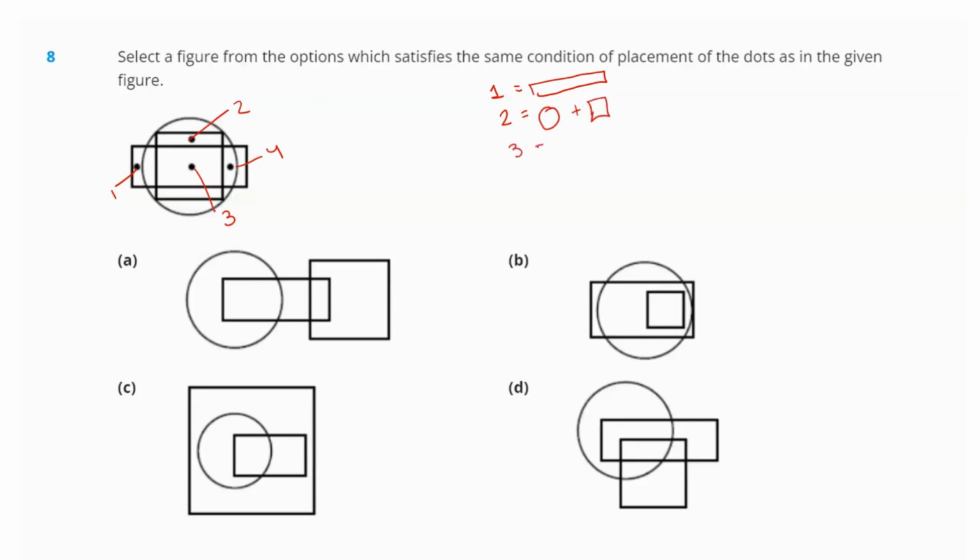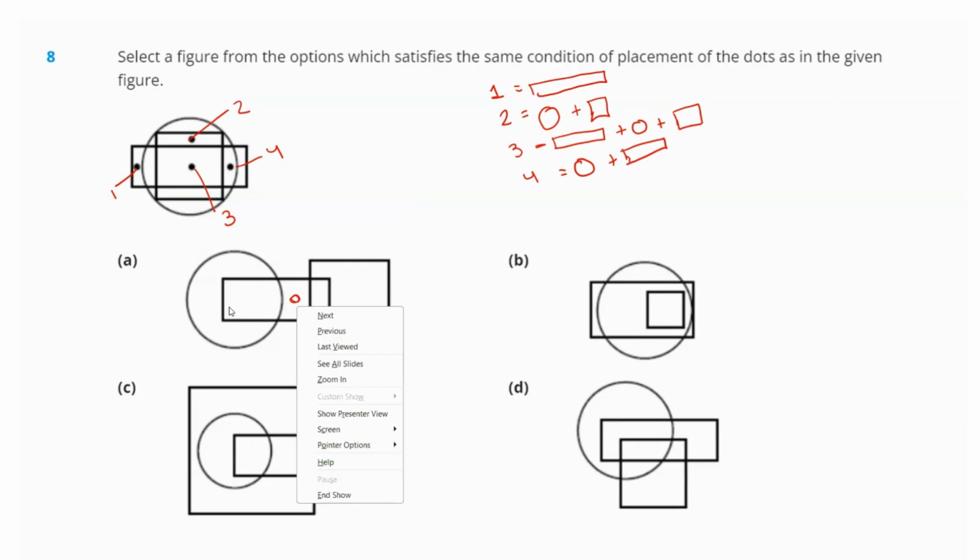For dot number 3, we want a rectangle, a circle, and a square. For dot number 4, we need a circle and a rectangle. So let's place the first dot. We can place the first dot here, dot number 1. Then the second dot needs a circle and a square.